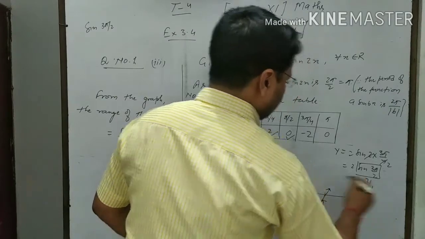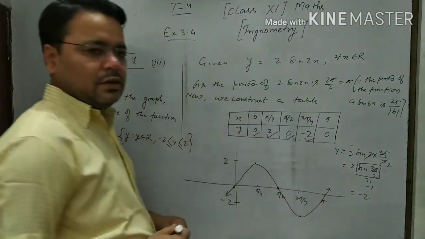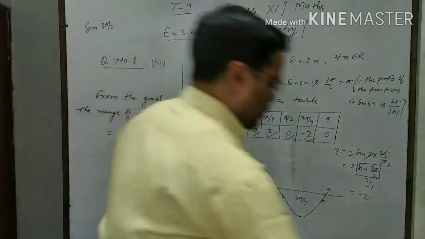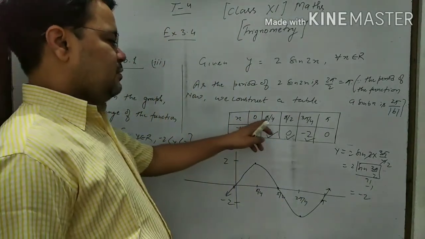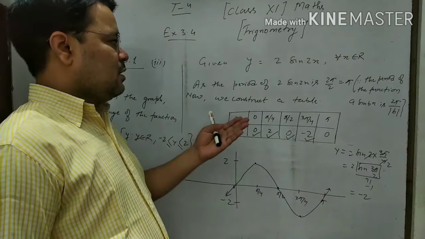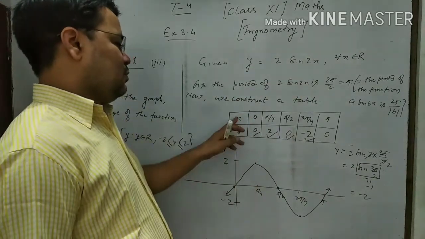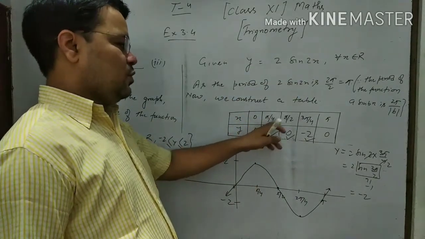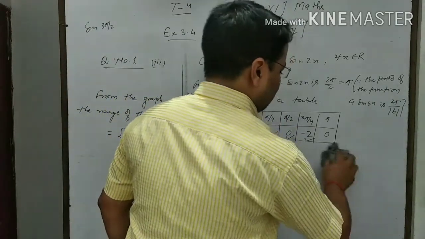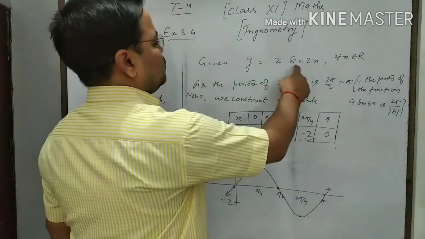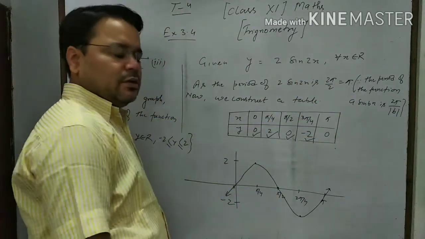Then its value will be minus 2. Okay? In this way, we can find the value of this function when x is equal to 0, pi by 4, pi by 2, 3 pi by 4 and pi. When x is pi, then again it will be 2 sine 2 pi and its value will be 0.